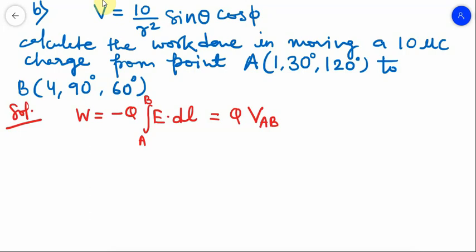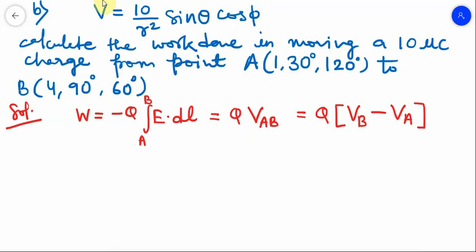Now what is VAB? VAB can be further written as the potential of point B minus the potential of point A, that is VB minus VA.